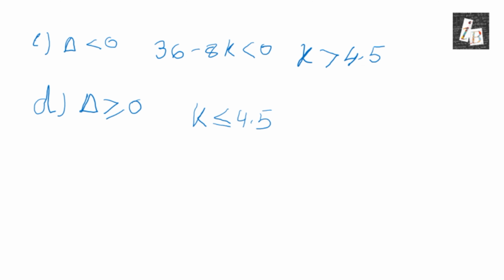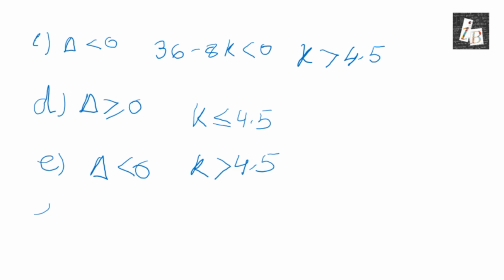In number E, he asked for f of x always positive, with no real root. That means again delta will be less than 0, so it will be something like number C, k bigger than the critical value.